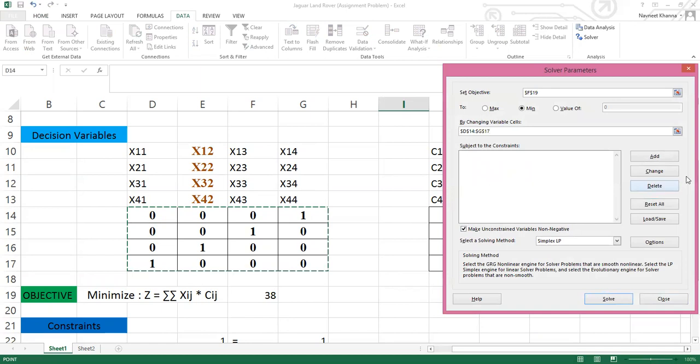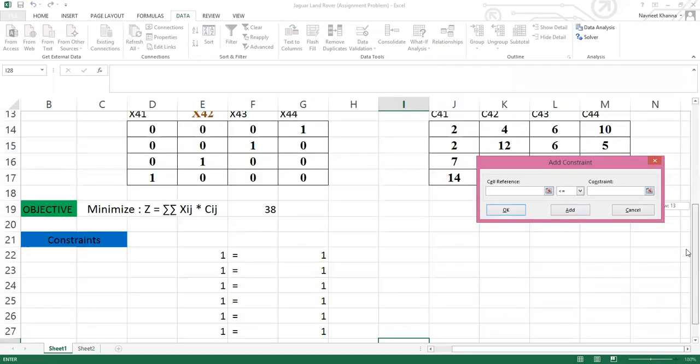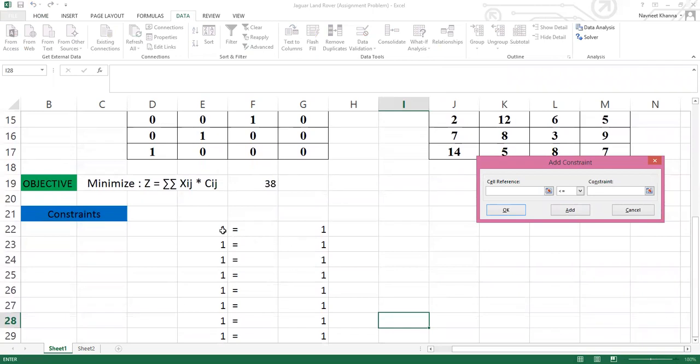Now subject to the constraints, let's add constraints. We have these 8 constraints over here, 1, 2, 3, 4, 5, 6, 7, 8. All constraints are equal-to type, so I'm putting the equal sign, and for the right hand side I have selected all the right hand side cells. Now click OK.